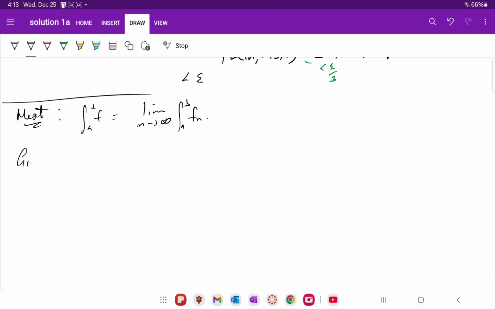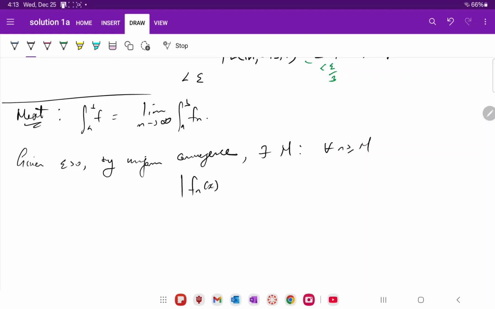Given epsilon greater than 0, by uniform convergence there exists N such that for all n greater than or equal to N, |fn(x) minus f(x)| is less than epsilon over 2(b minus a) for all x in [a,b].